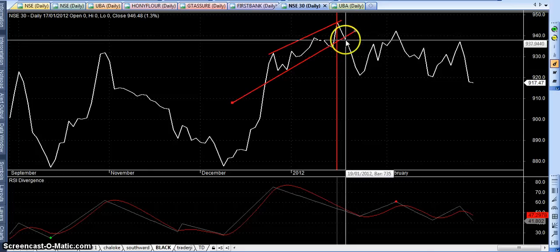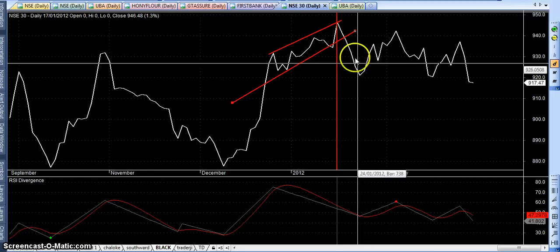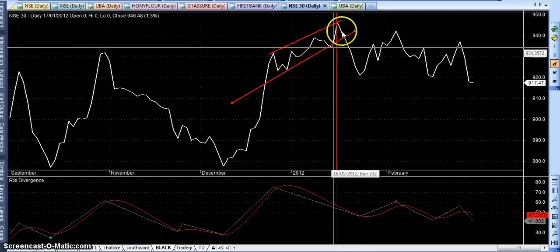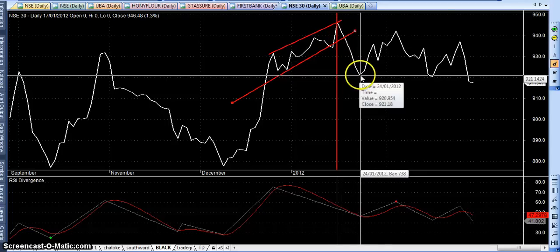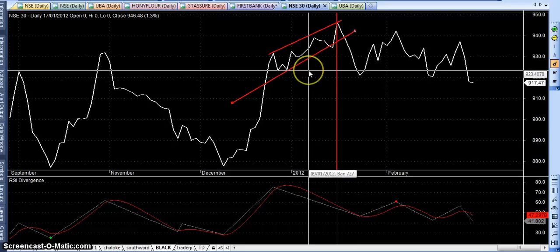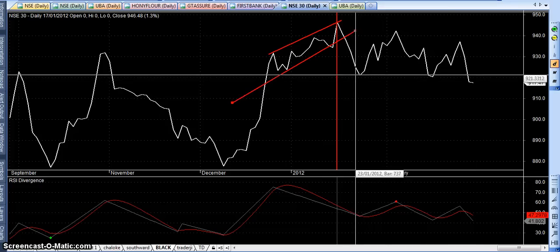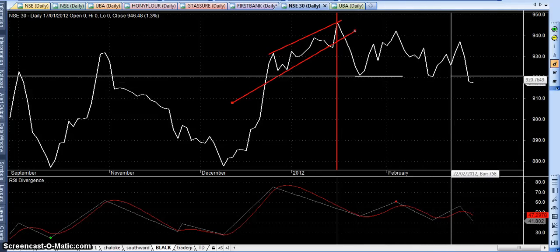When it broke this trend line, it shows we're no more in that bull trend, because it broke out from the trend line and came down within this period of the double bottom formation.